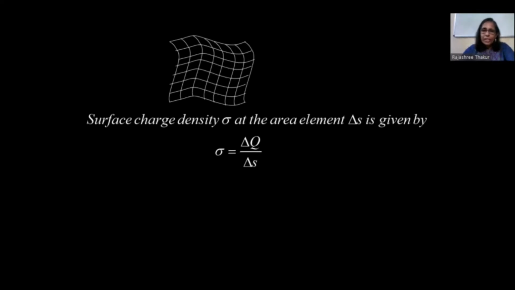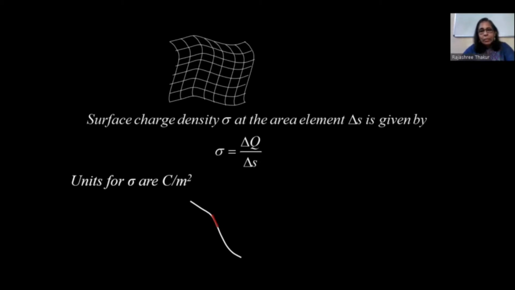So, surface charge density sigma is equal to charge per unit area. The units for surface charge density? Coulomb per meter square.